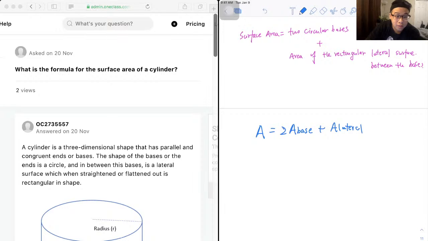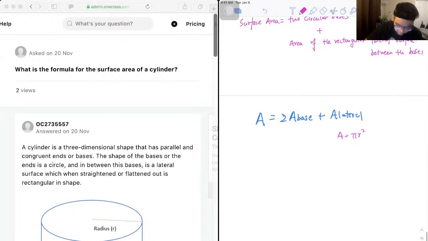So since the bases are circular in shape, and the formula for the area of a circle is A equals pi r squared, we can write our equation as A equals 2 pi r squared plus A lateral, where we just replace the area of the base with its formula, which is pi r squared.